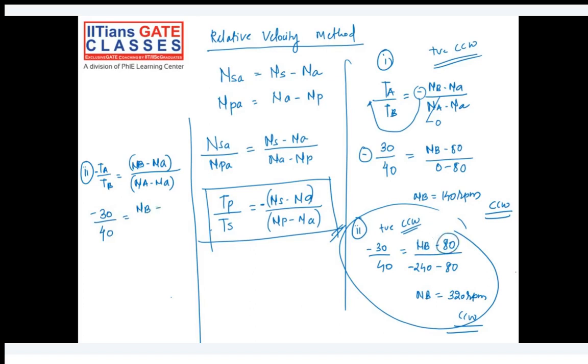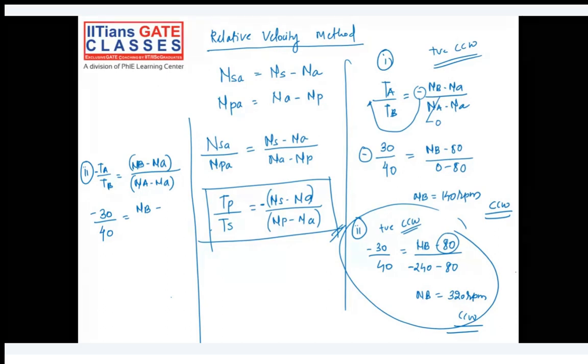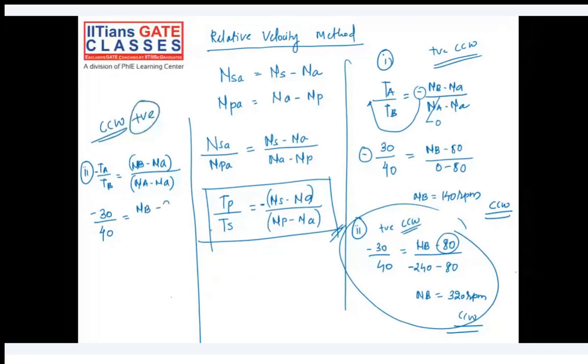So here you have to make a decision whether you want counterclockwise as positive or negative. Suppose counterclockwise is positive, you are assuming. Then I have to just write 80 here. I cannot write minus 80 because this minus sign is as it is, I am keeping. And if I say counterclockwise is negative, then I have to write it as minus 80.